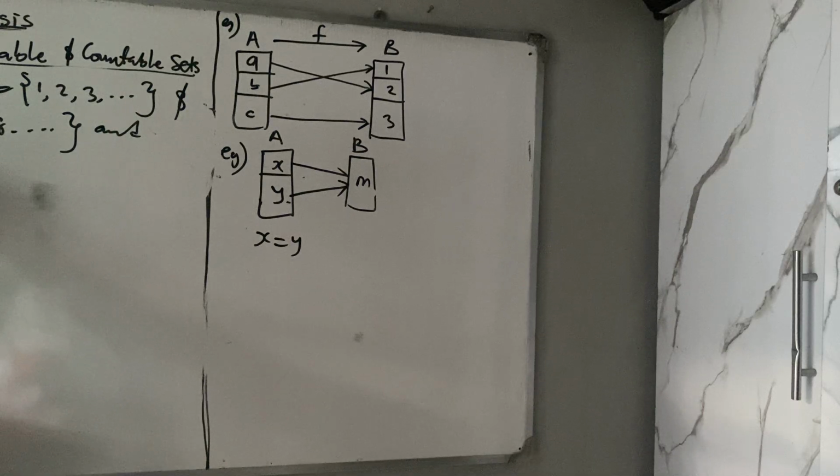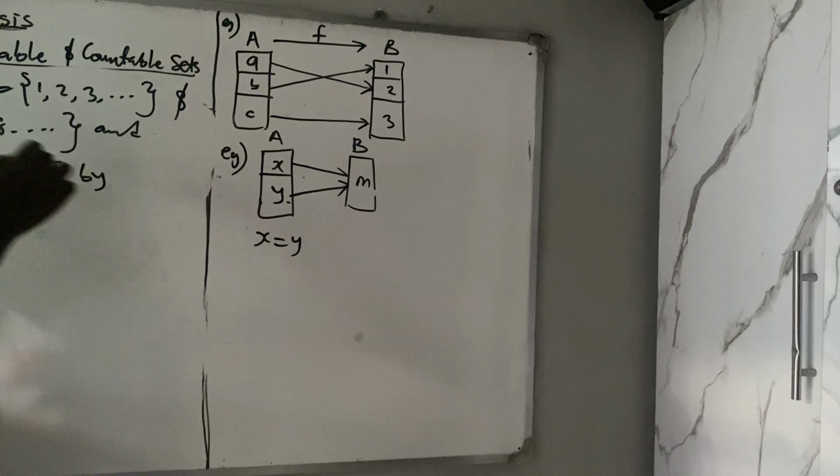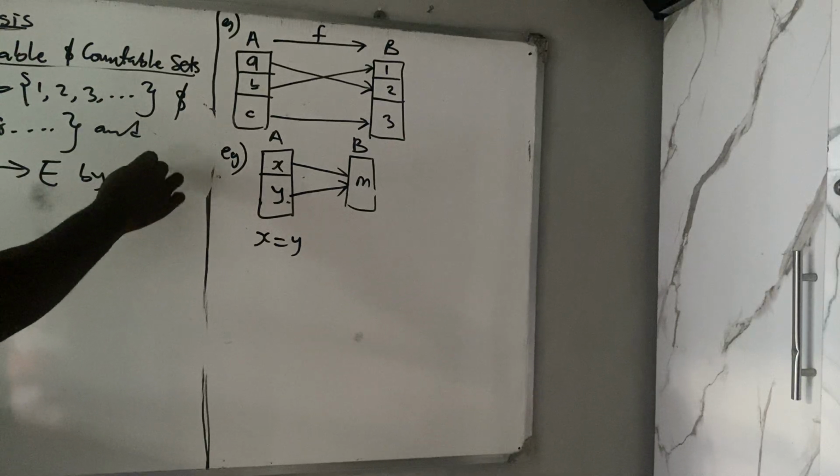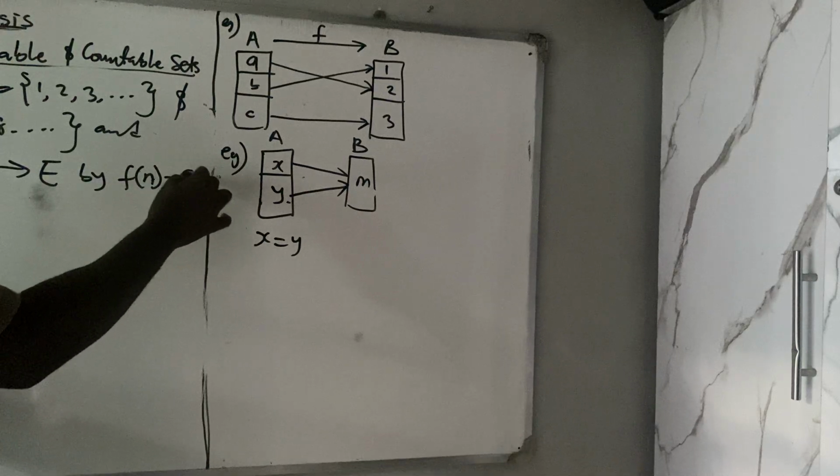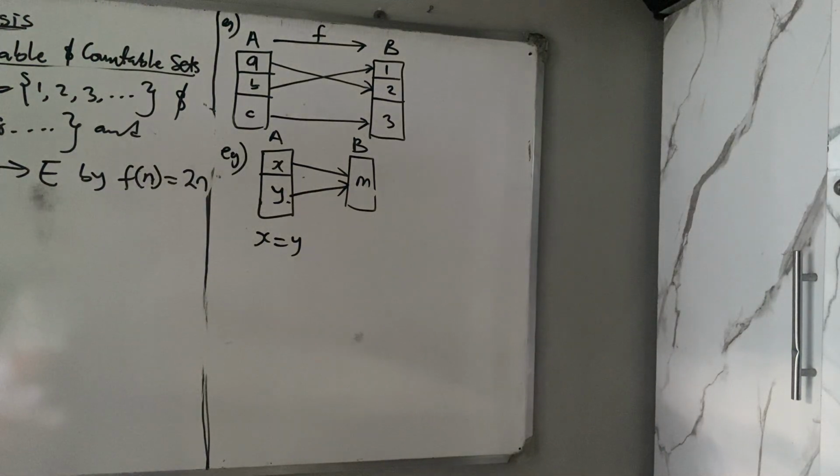We define a function f that maps this natural number to E by f of n is equal to 2n, for all n belonging to the natural numbers.